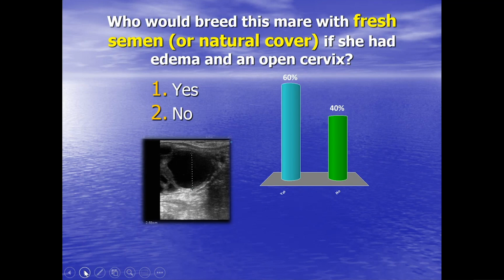So my point being, why take the chance? We've got a mare in estrus, we've got a mare that will stand to be covered, we've got a follicle which may ovulate in 24 hours. We don't know, but why take the chance? Semen's going to live 3 or 4 days, so get her covered, get fresh semen put in. That's what I would do. So I'd be in the 60% camp.